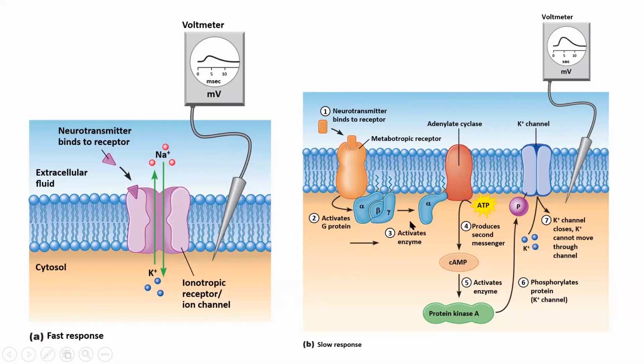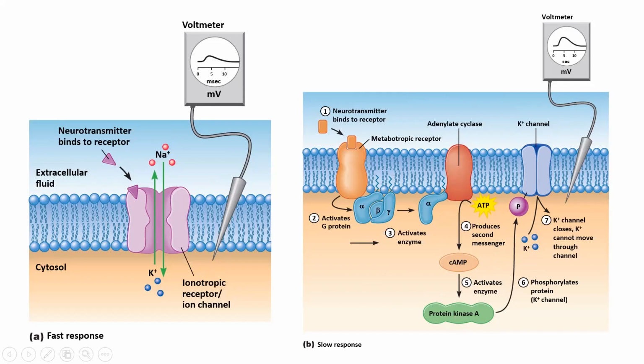We have to dissociate a part of this protein off. It's going to activate an enzyme in the membrane, and then we're going to produce the second messenger that will help to transmit the signal. So the signal can be transmitted by the production of the second messenger, either directly producing some type of enzyme that brings about that response, or the second messenger itself can open up a channel downstream in the membrane.